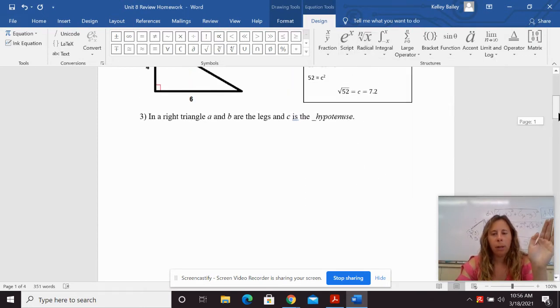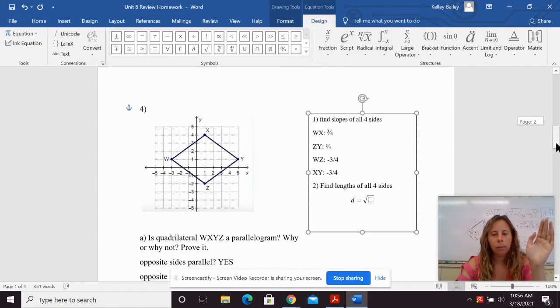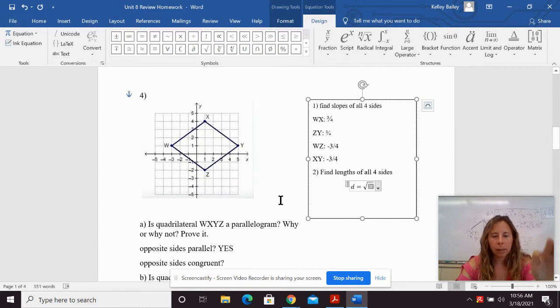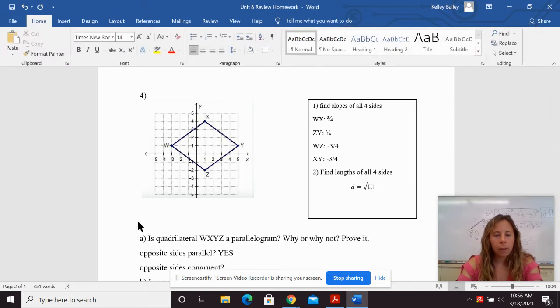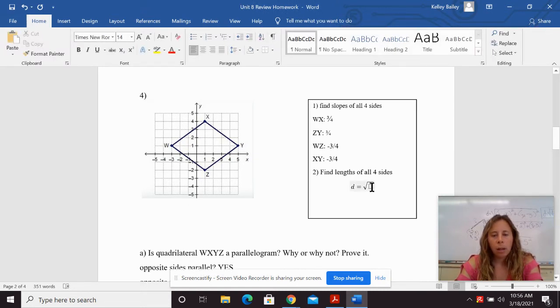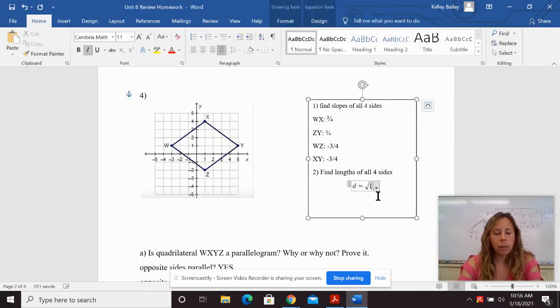Oh, where'd we go? Okay, that's fine. We can be down here. D equals the square root of x2 minus x1 squared plus y2 minus y1 squared.